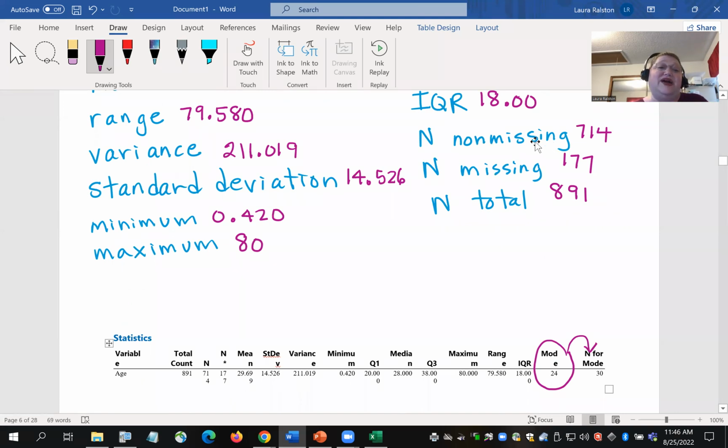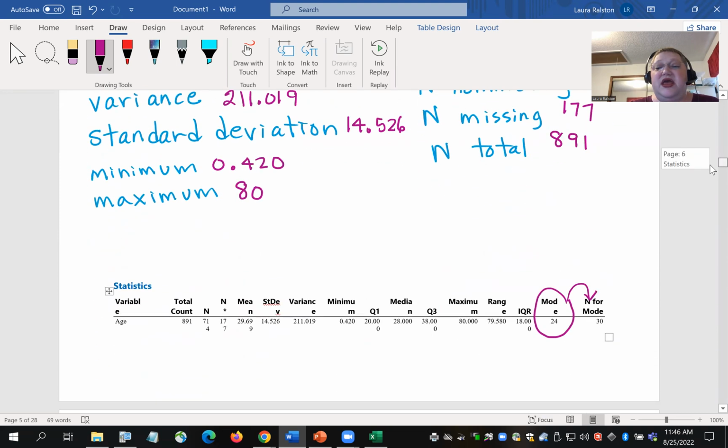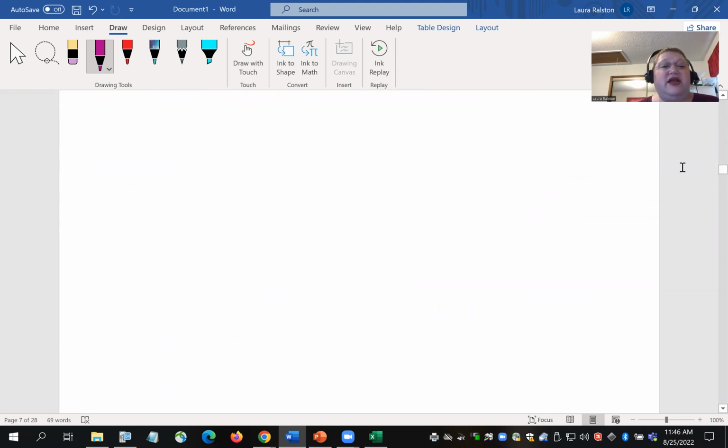Now, I'm not going to ask you to draw the box plot by hand, but I want to try to help with your understanding. I want to try to show it to you visually here. Okay, so if I were going to take this data and create a box plot by hand, it may be hard to get it all on here.